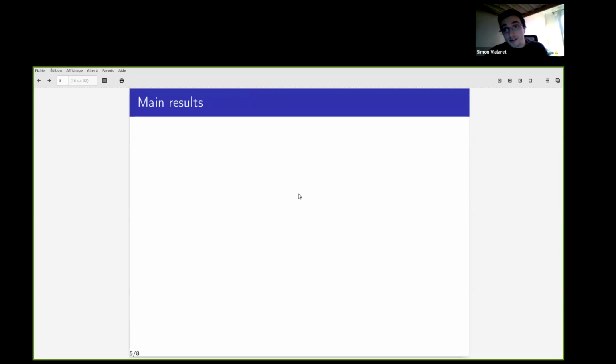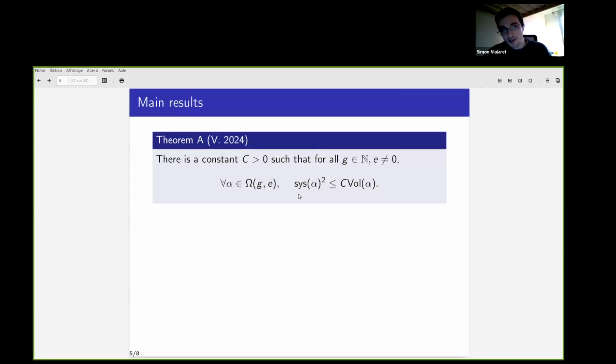And now I'm going to state the first result, which is the fact that almost all invariant contact forms satisfy a systolic inequality. The statement is the following: there is some universal constant, it's really just a number, that doesn't depend on anything, such that for all choices of genus and for all non-zero Euler number, for all invariant contact forms on the corresponding principal bundle, the square of the systole of the contact form is less than this constant times the volume.